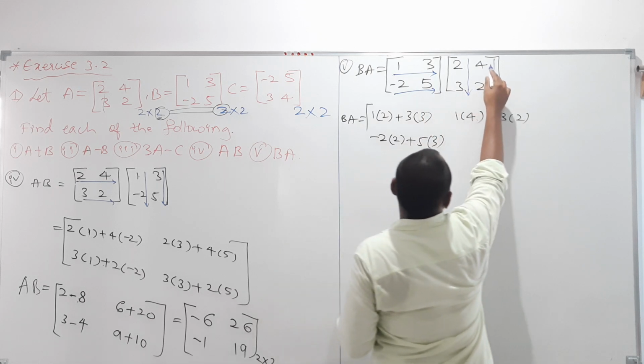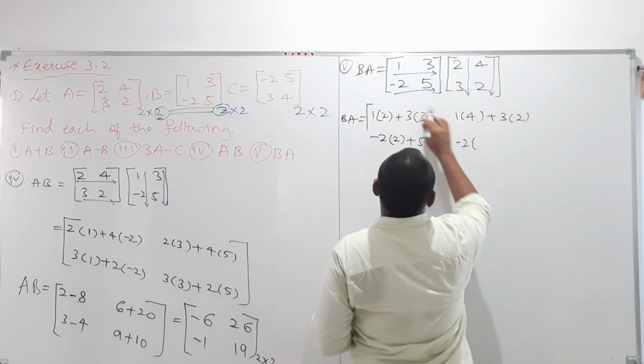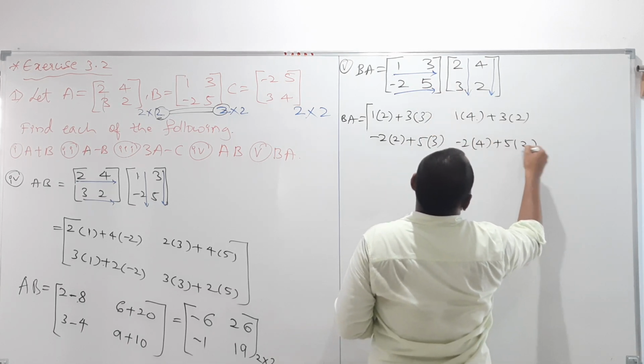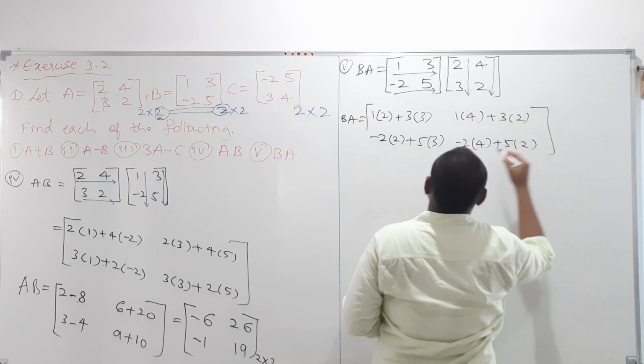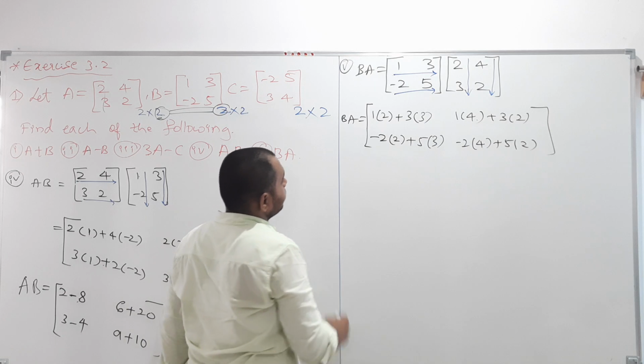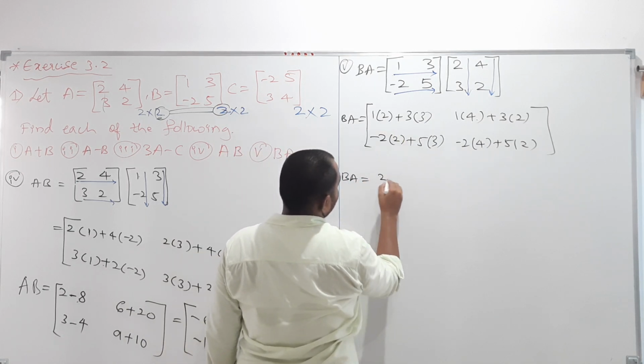Next, second row second column. Clear? Here it is minus 2 into 4 plus 5 into 2. Clear? And now, my dear students, simplify this.